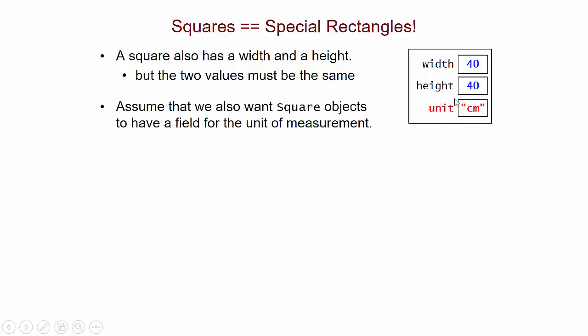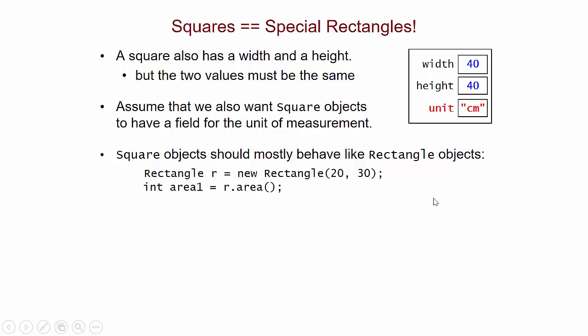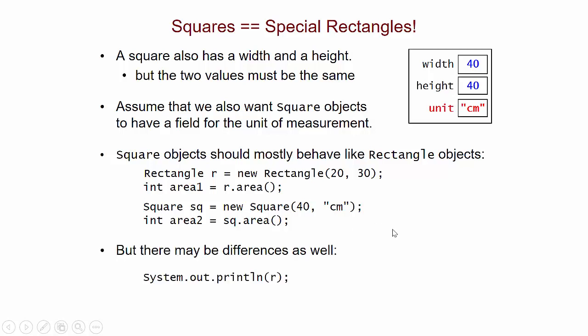And so we're going to be using two of the same fields as rectangle, but we're going to have this new field. Square objects should mostly behave like rectangle objects. So in the same way that we can ask a rectangle object for its area, we want to be able to do that for squares. And we want to do a lot of other things that we do with rectangles. But it could be that some of the behavior will be different.